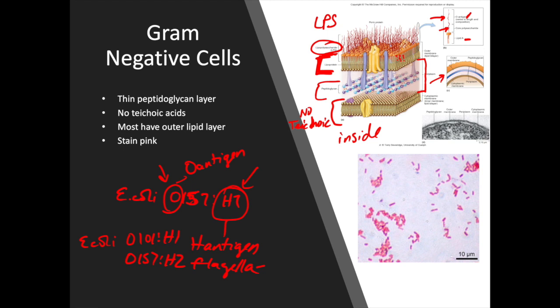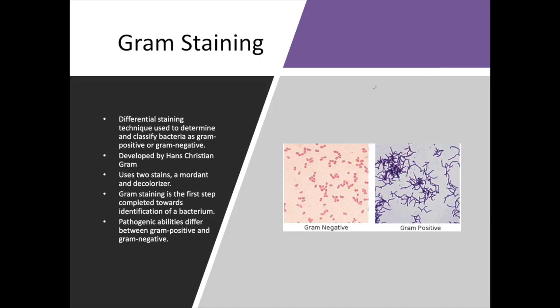You do need to be able to label and identify differences between a gram-positive and a gram-negative cell. So gram staining is a differential technique that is used to differentiate between gram-positive and gram-negative cells. It was developed by a scientist by the name of Hans Christian Gram. It uses two stains.